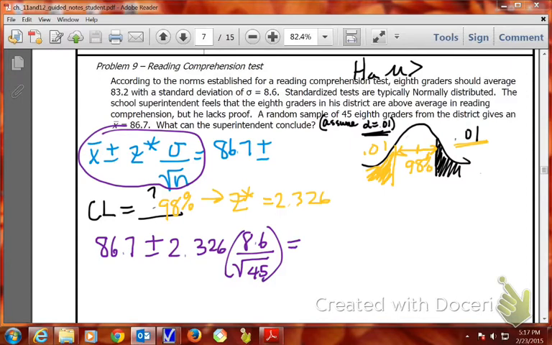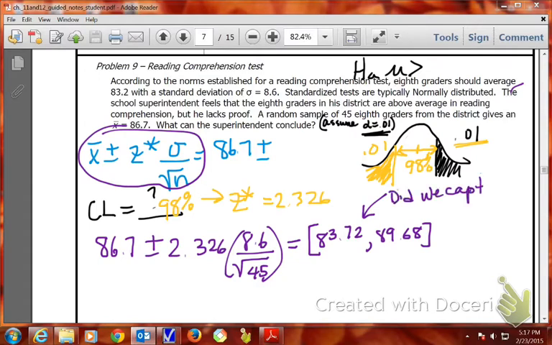And the values that I get are from 83.72 to 89.68. And remember, the whole idea of creating the confidence interval was to be able to ask and answer the question about, did we capture the true mean?